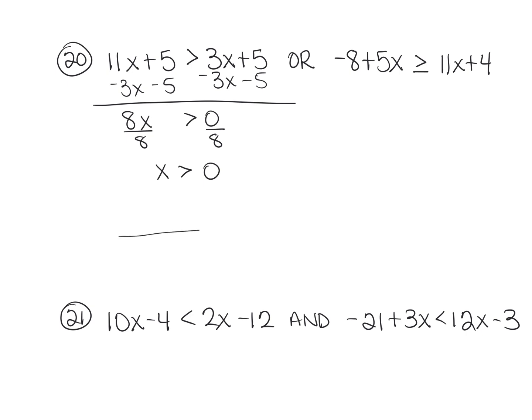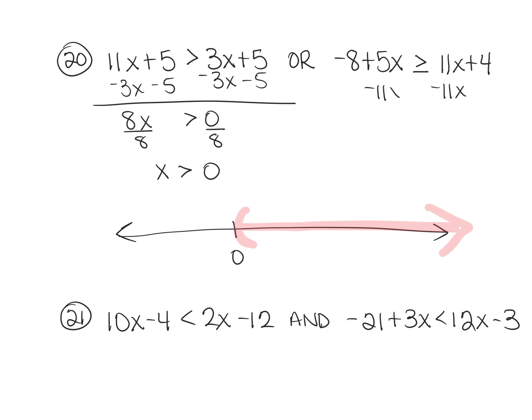So I'll do it in two different colors on my number line. So I have to start at 0, and I know that in this case I have a parenthesis here, and I shade that way. Now to do the other side, again solving, and we want x on the left, so I'm going to subtract, and then I'm going to add 8 to both sides.